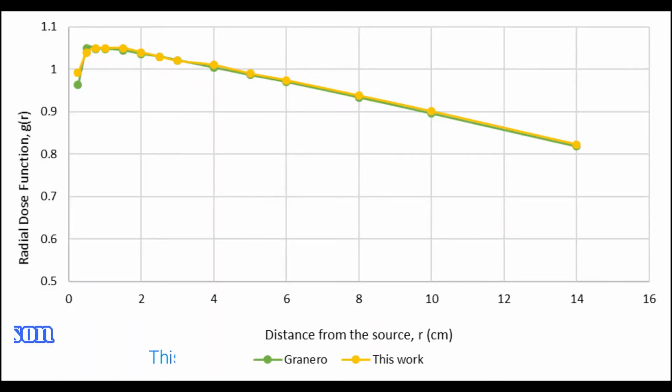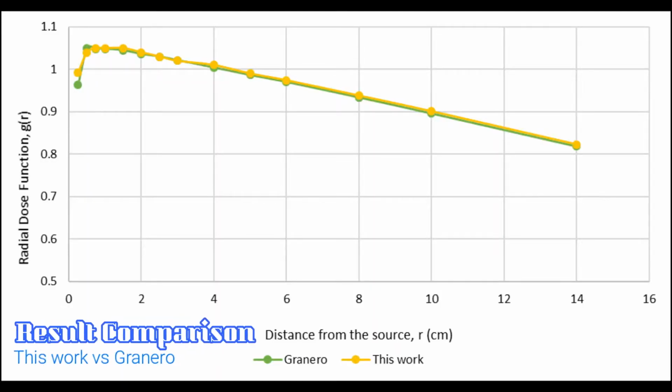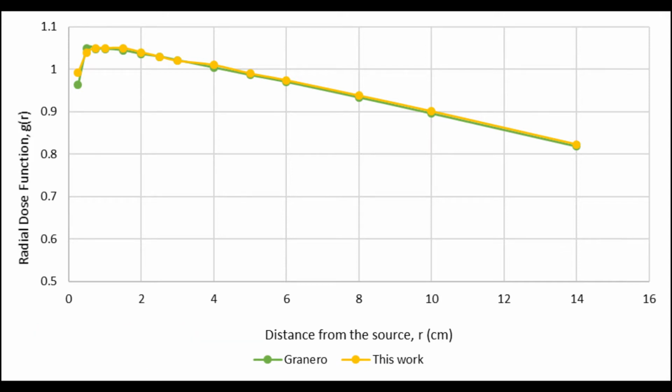The results are then used to find the radial dose function, which is one of the TG43 formalism parameters. Then they were compared with our intelligent friend, which is Granero, as shown in this graph. Both results present a good agreement with only 0.73% standard deviation differences.